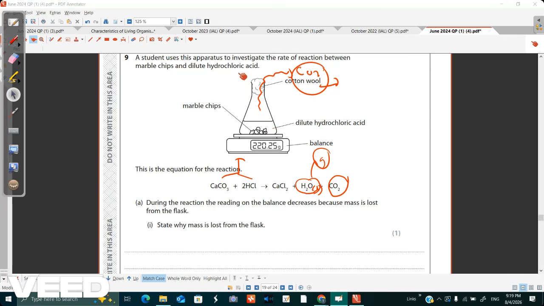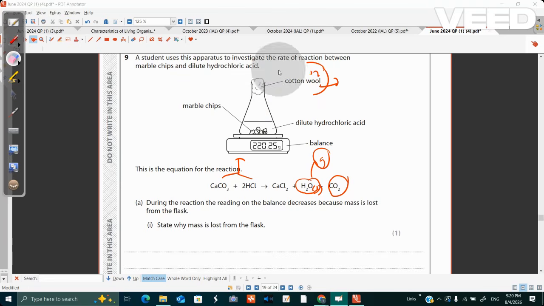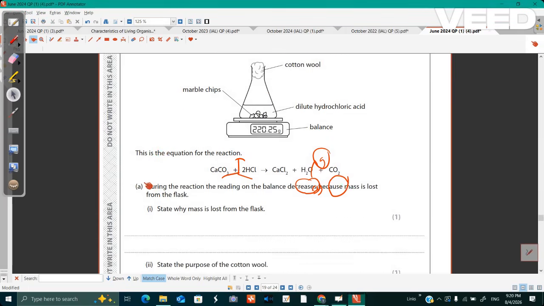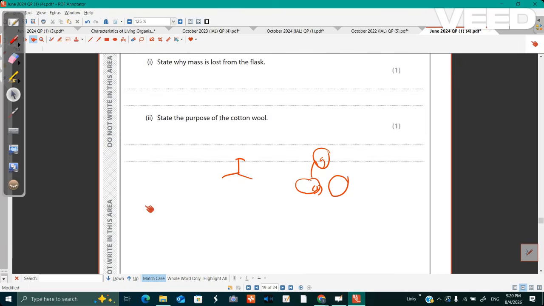Because of that pressure, carbon dioxide from the atmosphere will not come inside. You are learning that in diffusion: a high concentration of carbon dioxide is inside, so all the carbon dioxide will go out. You don't need to explain up to that level. Just say carbon dioxide is released as a gas from the flask, so therefore the weight is decreased.